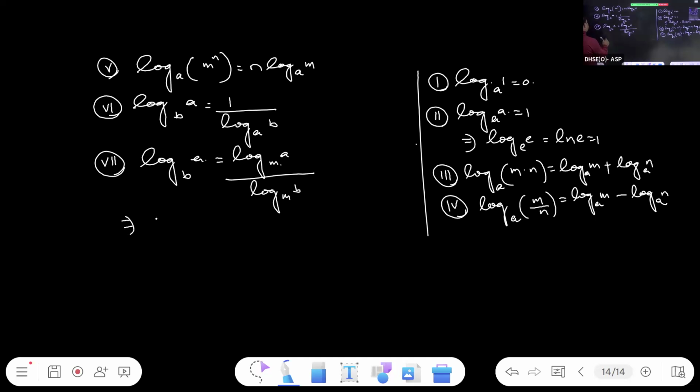This implies log of a to the power n to the base b to the power m is equal to n by m into log a to the base b. This can also be written as ln a upon ln b.